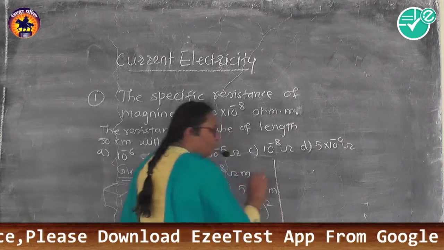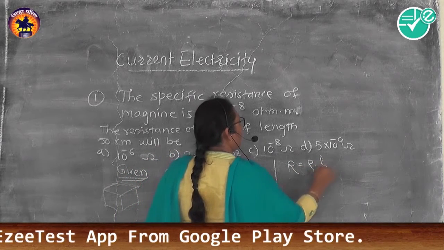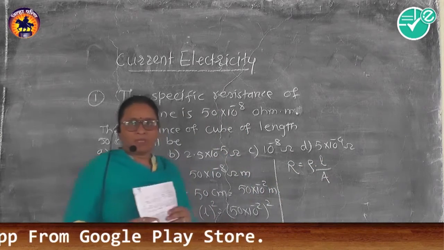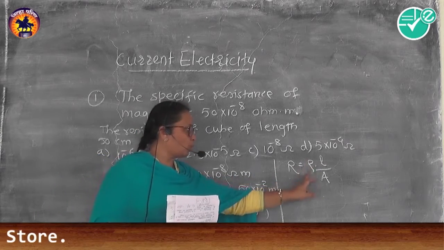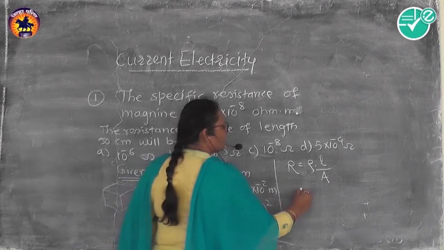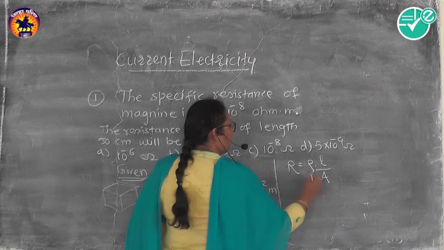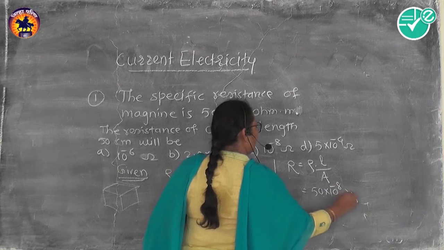Basically, the formula for resistance is R is equal to rho into L upon A. I think from given data you know all these values, rho, L as well as A. So put these values in this equation, you will get R is equal to rho, that means 50 into 10 to the power minus 8.